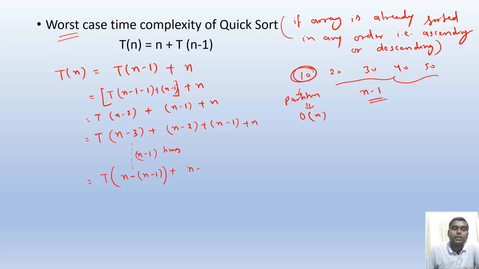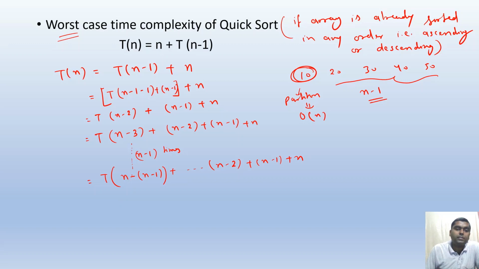n minus 2, okay, or simply you can write it as, so like this, n minus 2, okay, n minus 1 and n.